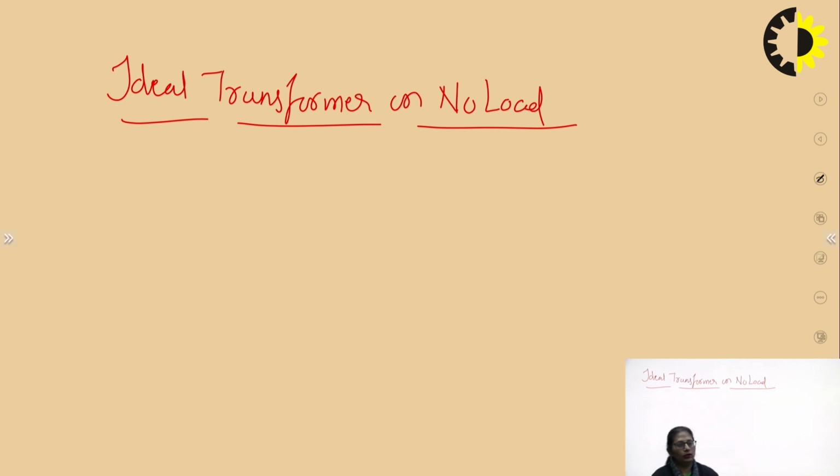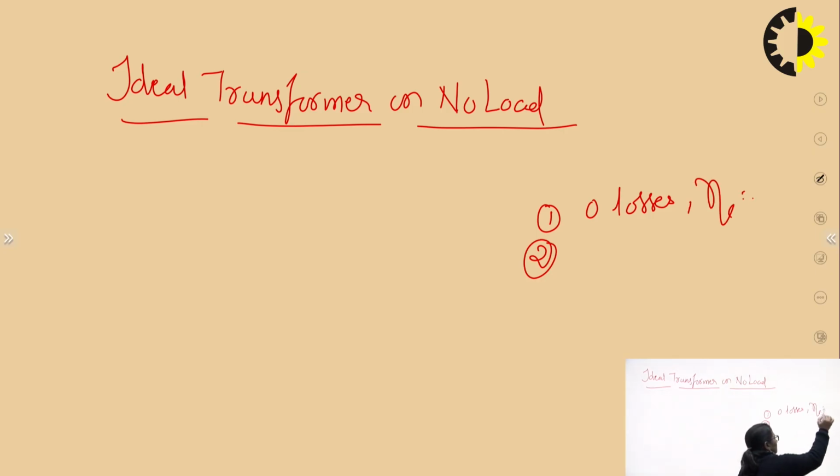Its very first characteristic should be 100% efficiency, and if it is to have 100% efficiency, that means it should have 0 losses, no iron loss, no copper loss. If that is so, the efficiency would be 100%.